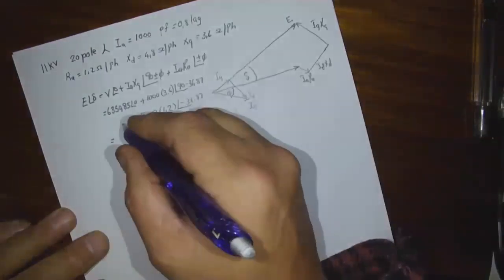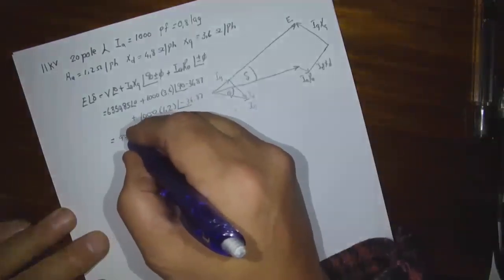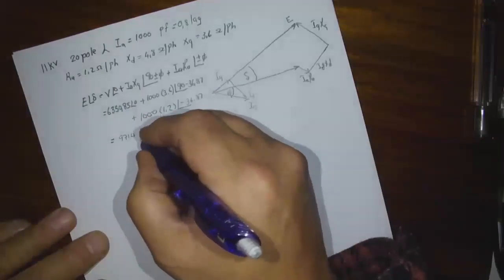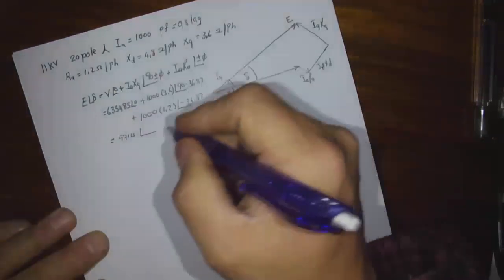And that boils down to 9714 at an angle of 12.85.